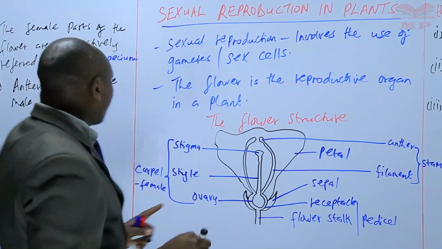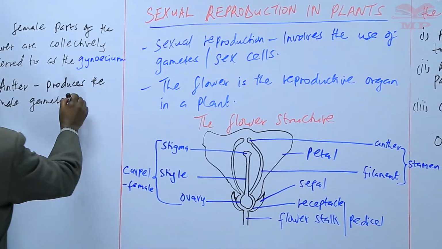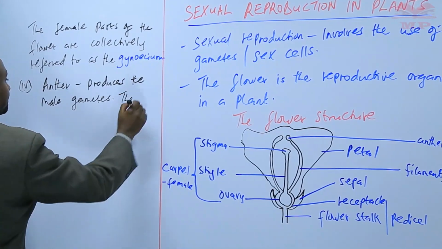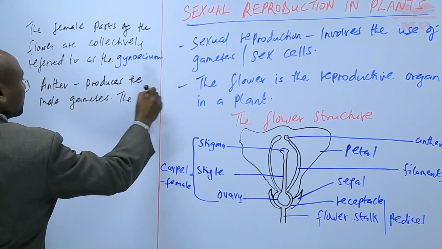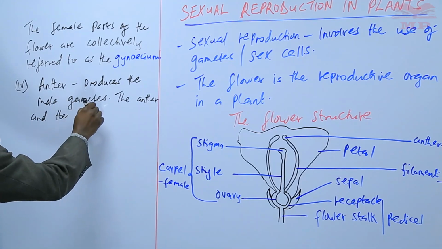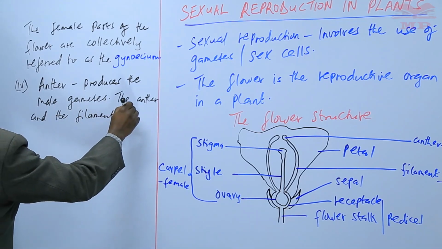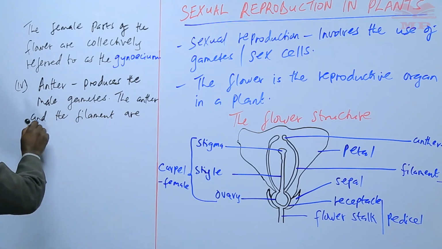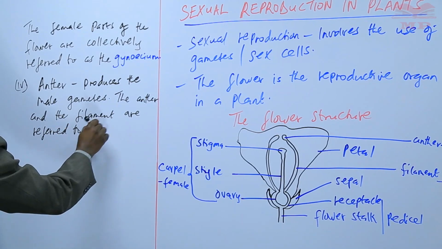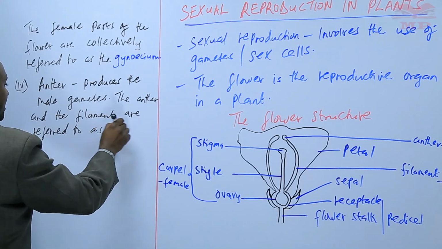The anther is the one that bears the male gametes. So the anther and the filament are referred to as the stamen.